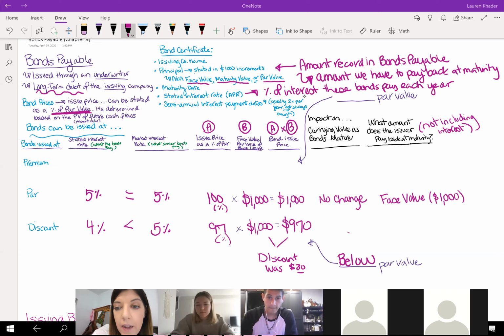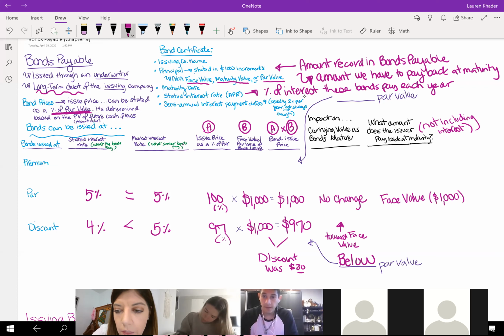So the impact that it has on the carrying value is that it's slowly going to be increasing toward face value, because at maturity, we're going to have to pay back face value on those bonds, $1,000.